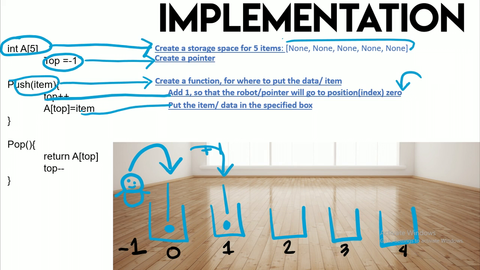And now let's go back to making instructions. If we want to remove an element or data or an item, the next thing that we're going to instruct is what we will do when we want to remove the item.